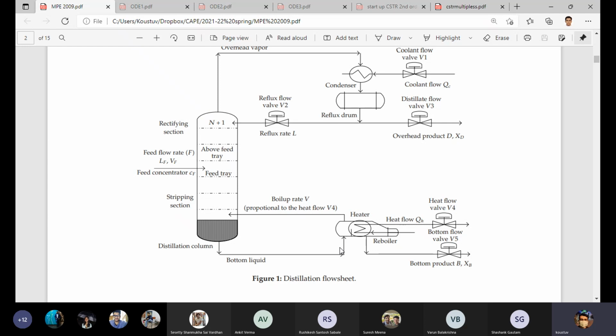So when we have steady state behavior, we write across each tray the liquid stream coming from the bottom tray and going up, and the vapor stream coming from the top tray and going down. So there we don't have any nonlinear term.